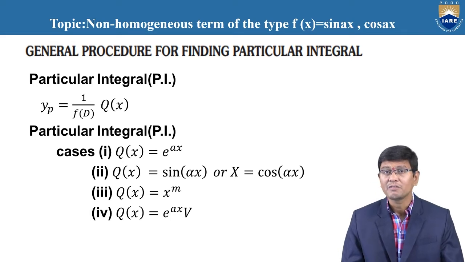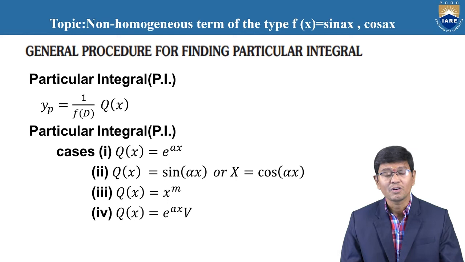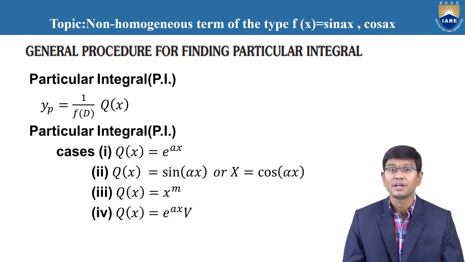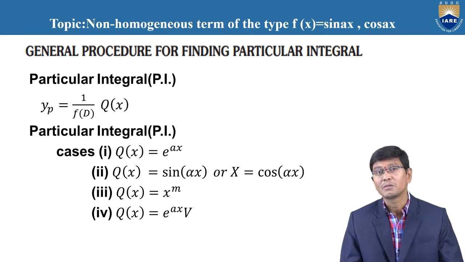One is q of x equal to e power ax. Second case is q of x equal to sin x or cos x. Third case, q of x is equal to x power m. The fourth case, q of x is equal to e power ax into v, where v is a sine or cosine combination or x power m combination.